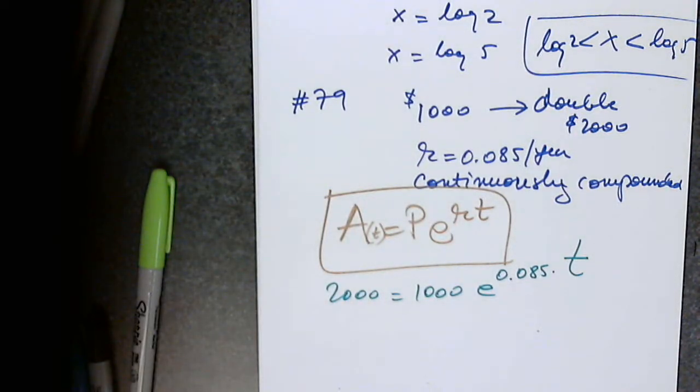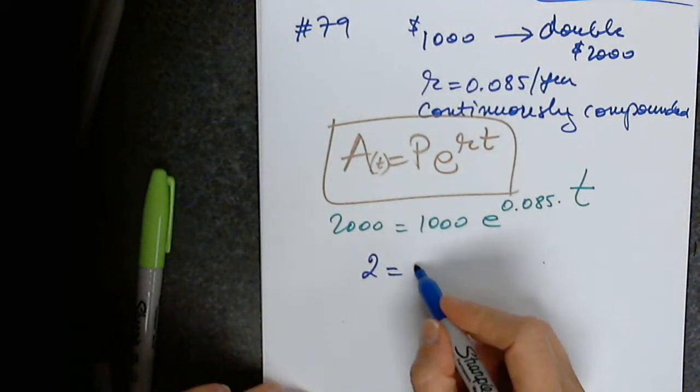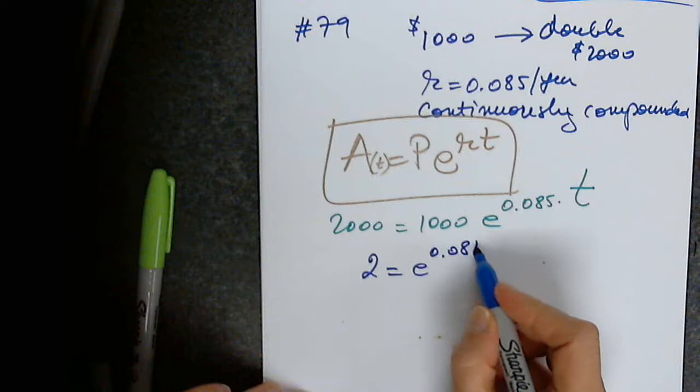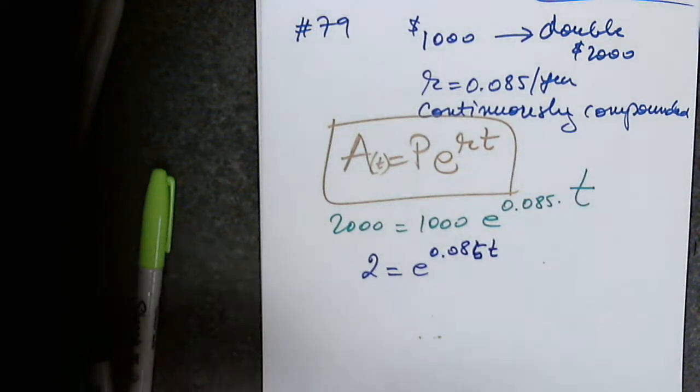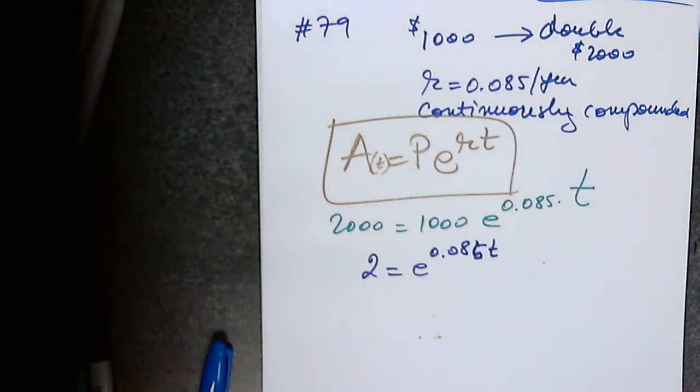Good, so what do I do next? Careful. I have to divide by 1,000. I have to clean it up. So when I divide by 1,000, I get 2 equals e to the 0.085t. Now, I do what? The reason why I apply log is because e and 2 are not the same base.